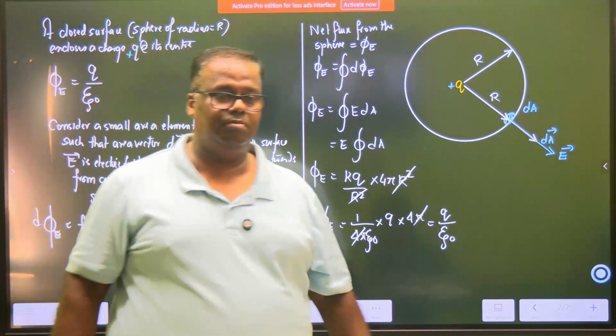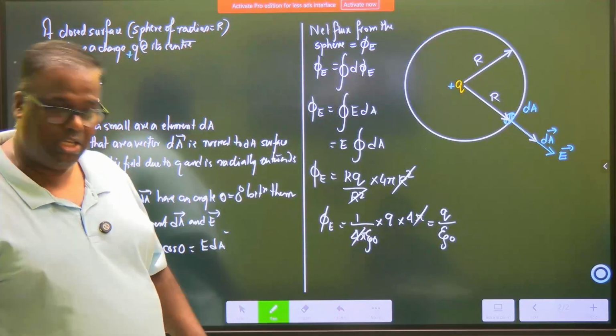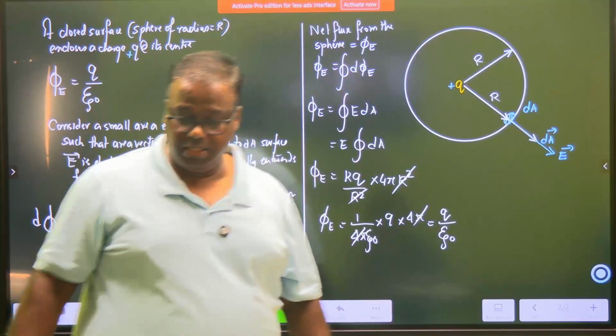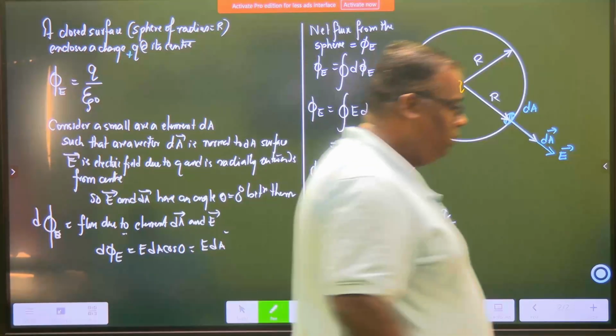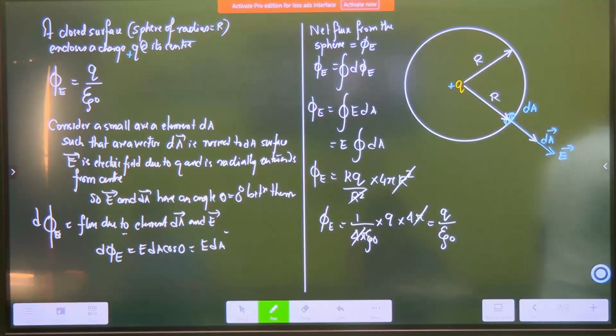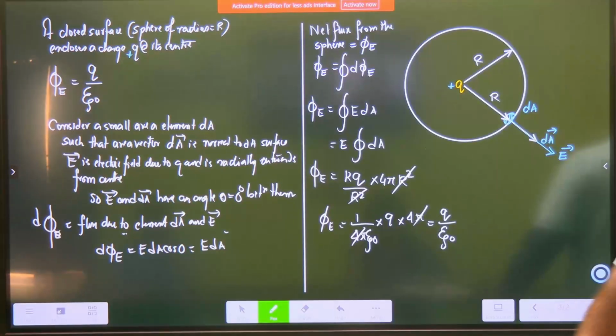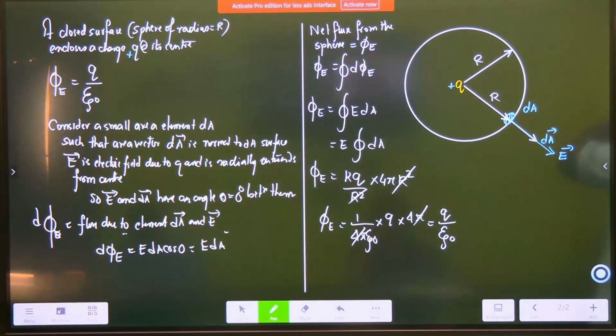Perfecto? Can I change? Okay. Yeah, take your time. Understand and write it. We also said that the shape does not matter. It only matters what you have taken inside it, or what is the charge inside it.